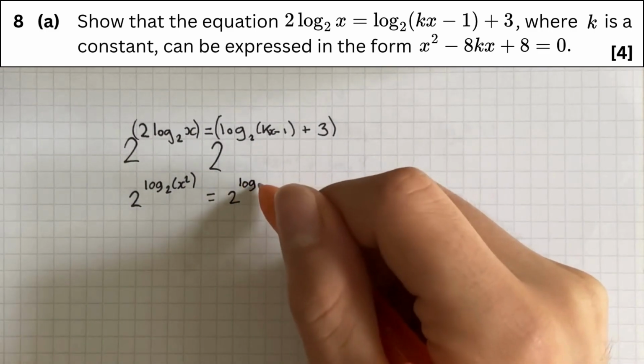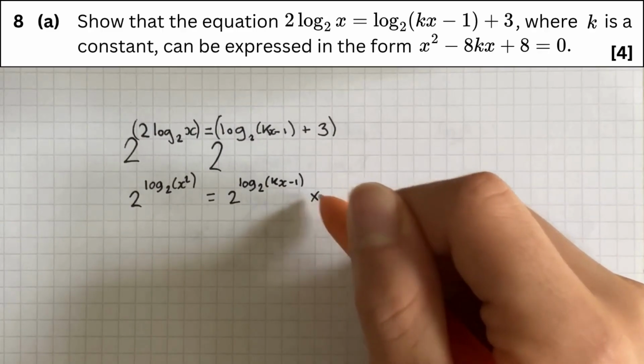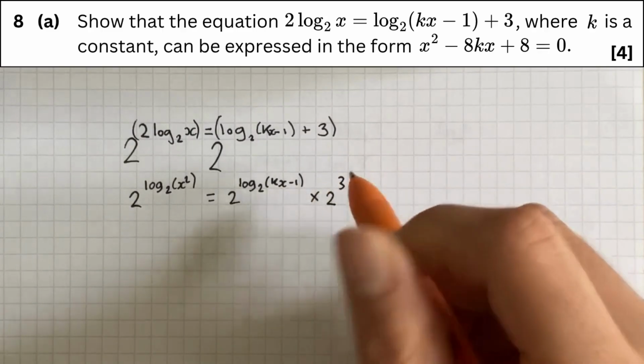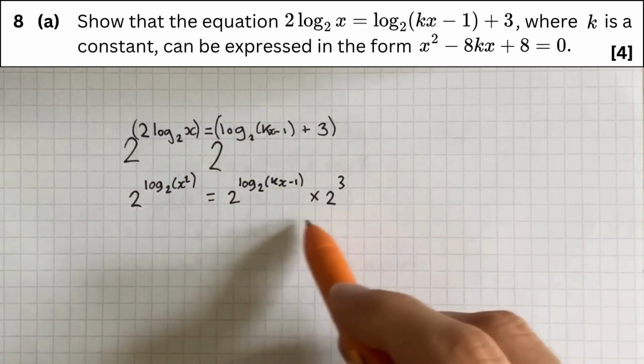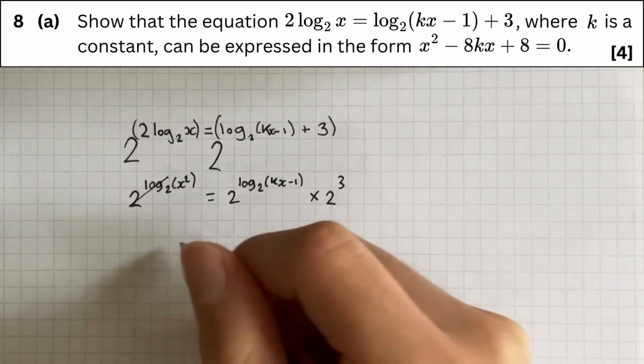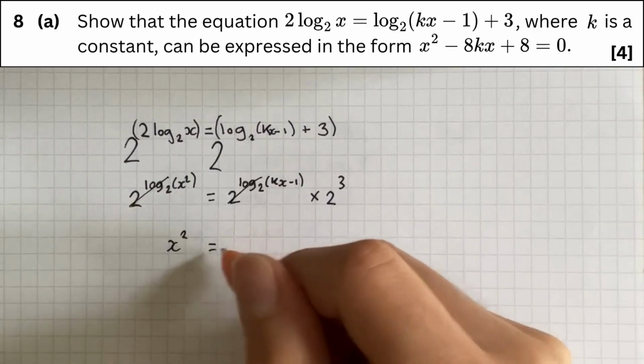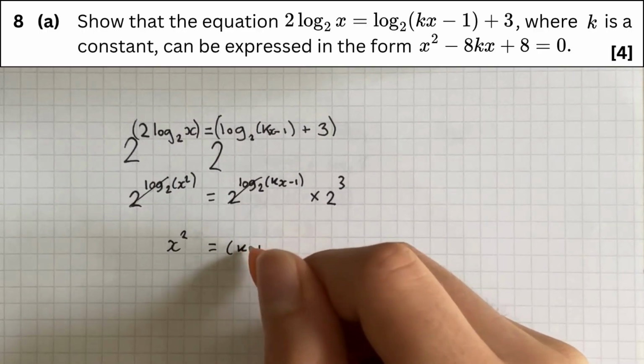On the right-hand side, you need to be familiar with your laws of powers to say that if you add 2 powers, it's the same as timesing it like this. So 2 to that power plus 3 is 2 to that power times 2 to 3. But now 2 to the power of a log cancels out.